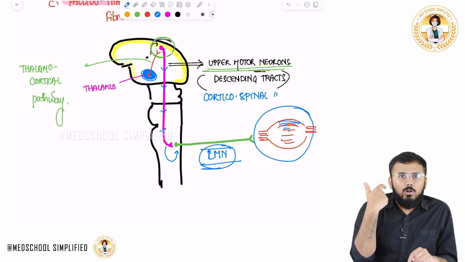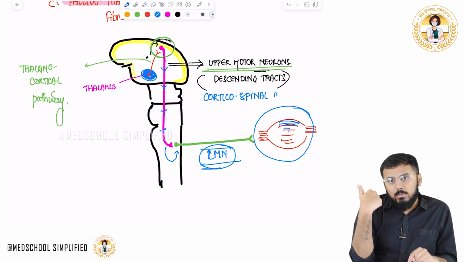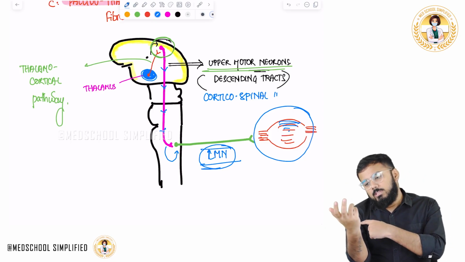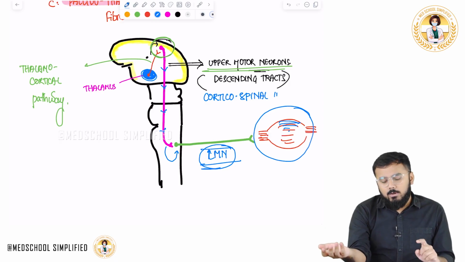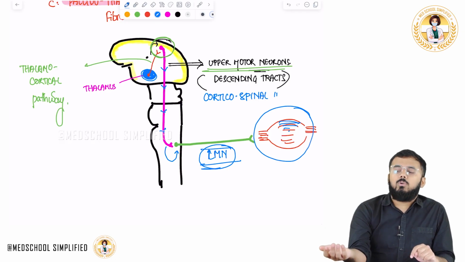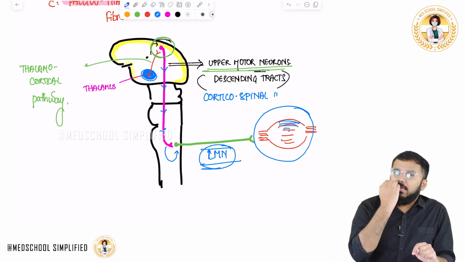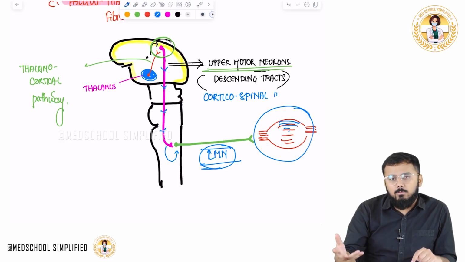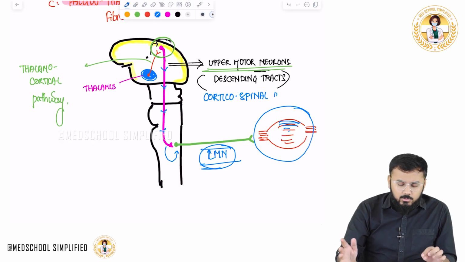From there it is relayed onto the lower motor neurons, which innervate my muscles, and the lower motor neurons fire. When they fire with electrical impulses, my muscles contract, and my hand is automatically lifted up. That desired movement is happening. So this is the thing.